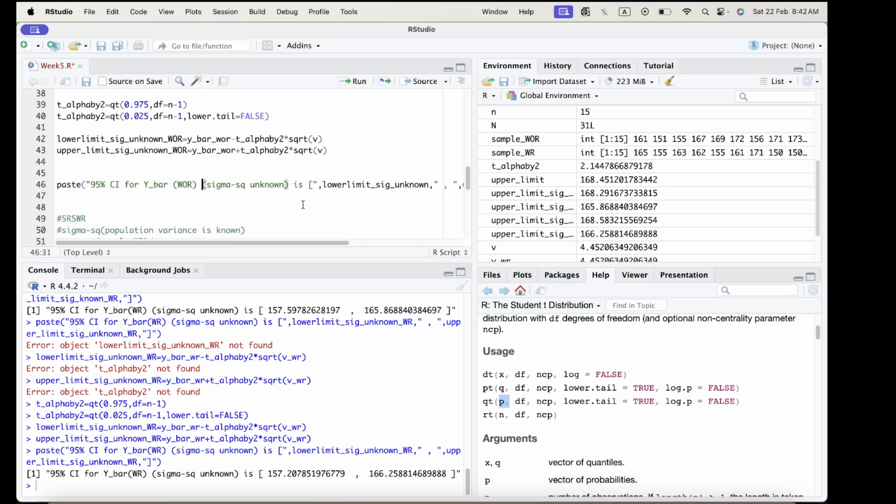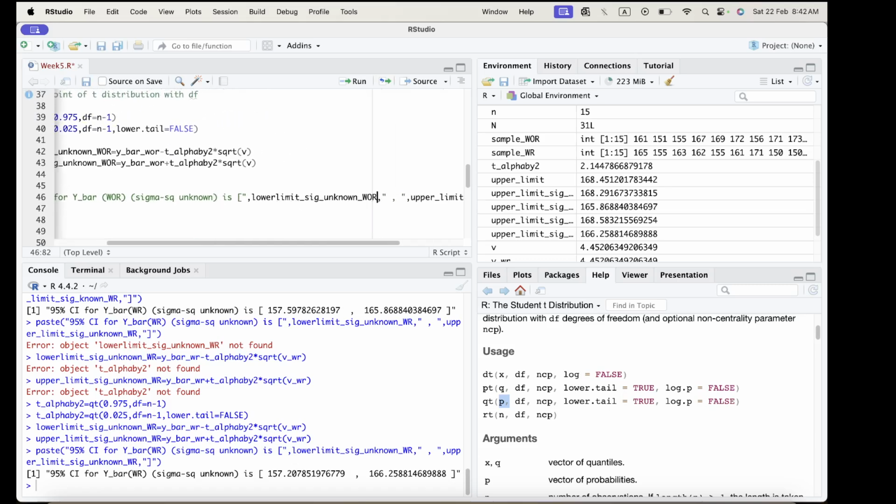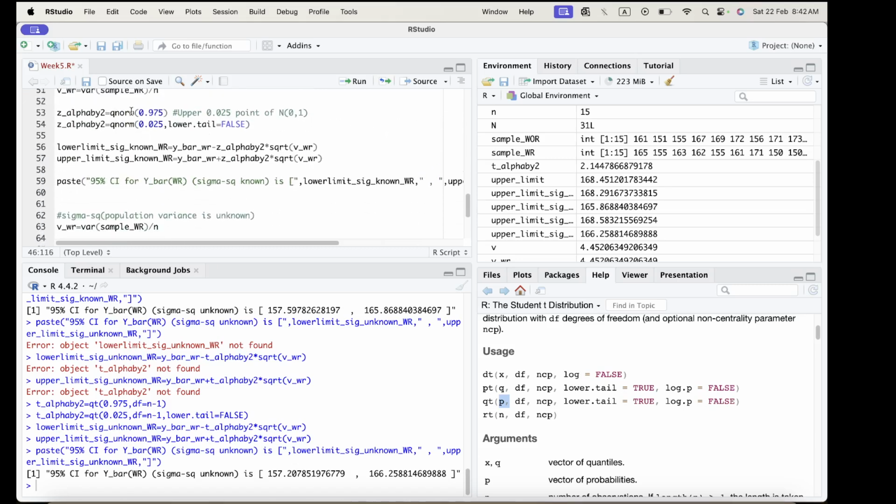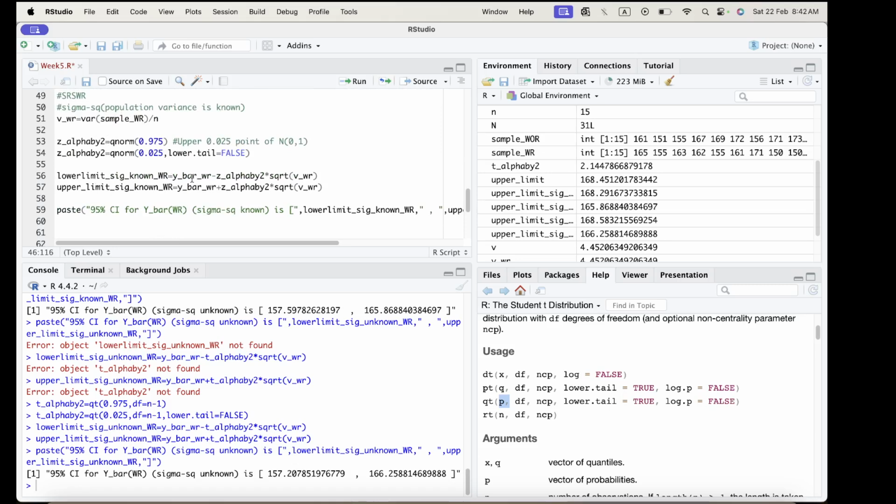WOR, sigma square unknown. And with SRSWR this is the thing.